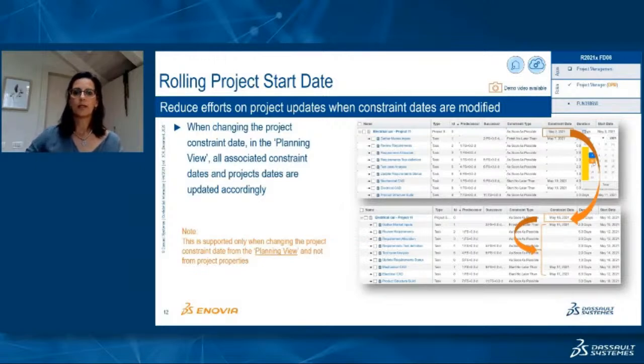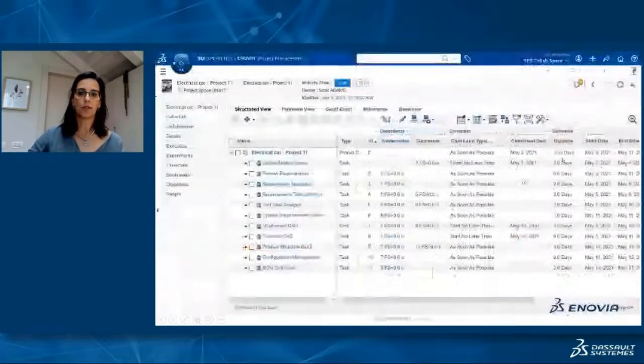We can see here some examples: as soon as possible, finish no later than, start no later than, and so on. Now, except as soon as possible and as late as possible, all other constraint types have constraint dates. Now, since FD06, when changing the project start date, all associated constraint dates are updated accordingly.